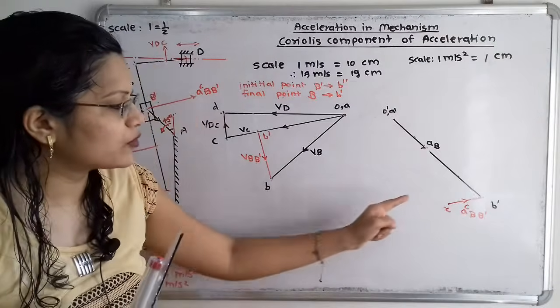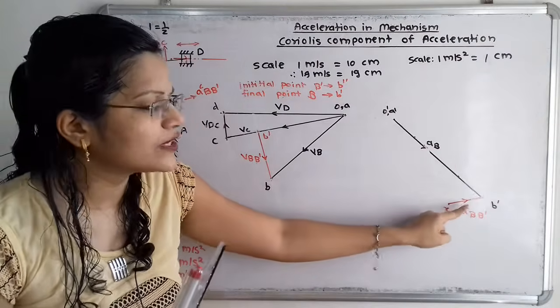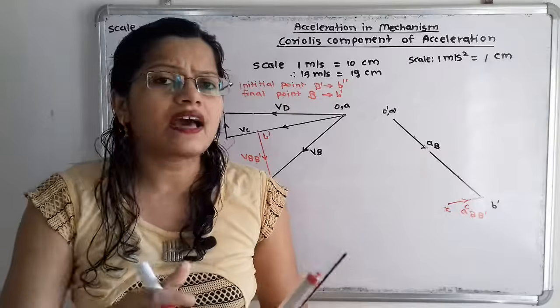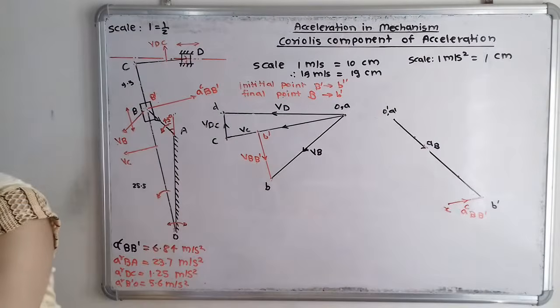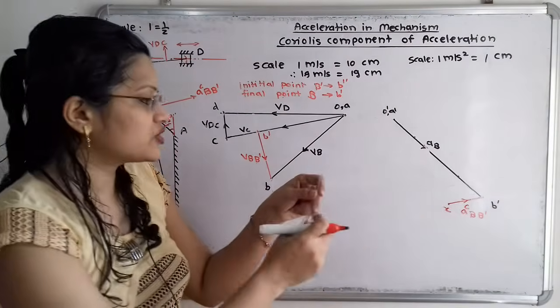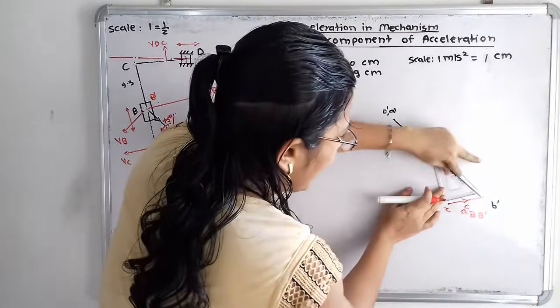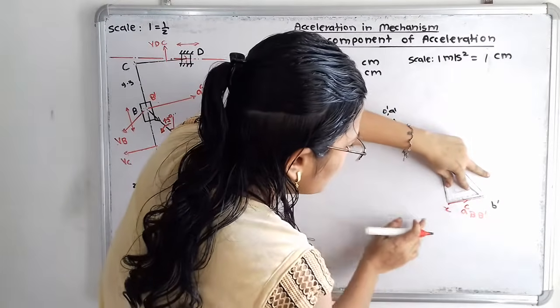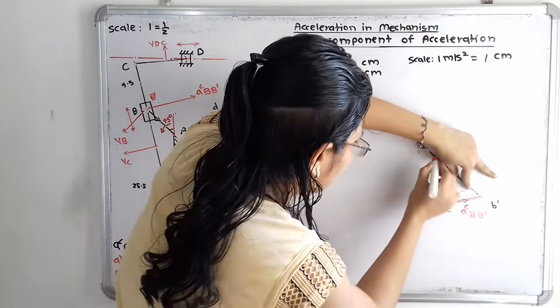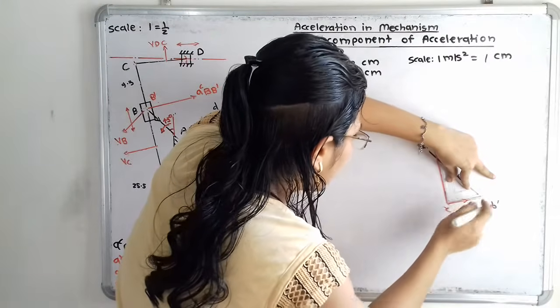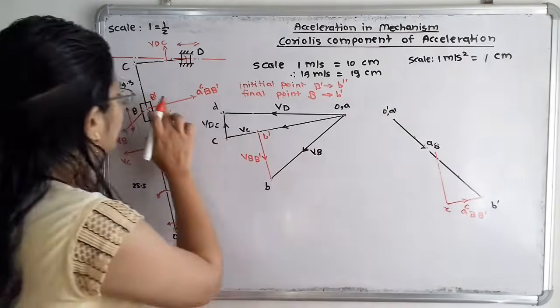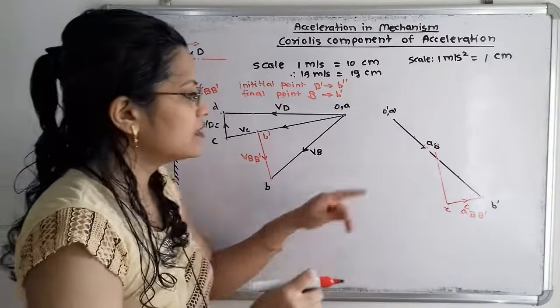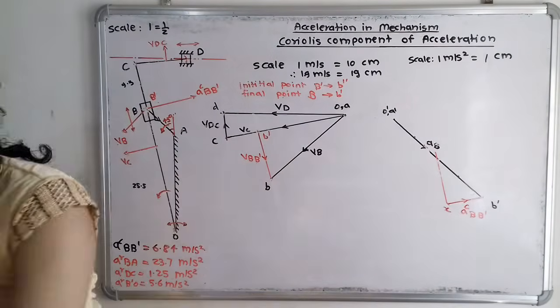So radial component of acceleration and this Coriolis component of acceleration are perpendicular to each other. So radial component of acceleration, I will draw here one line that is perpendicular to this Coriolis component of acceleration. Now the exact location of this point B dash is not known, that is, we will extend this line.